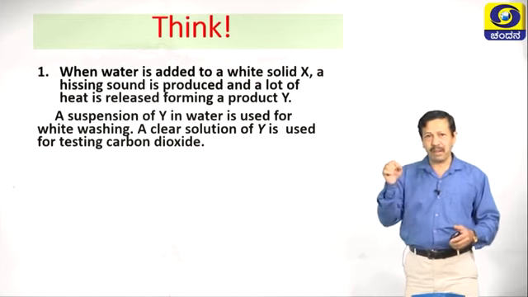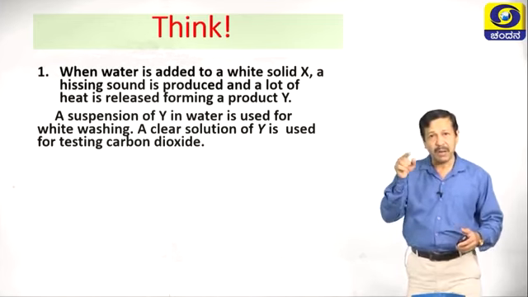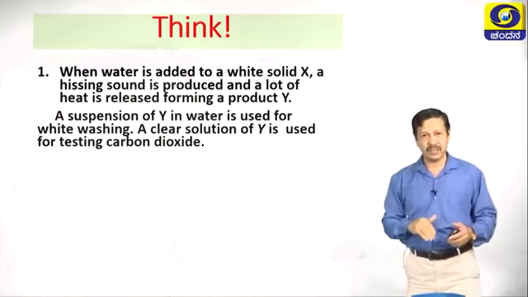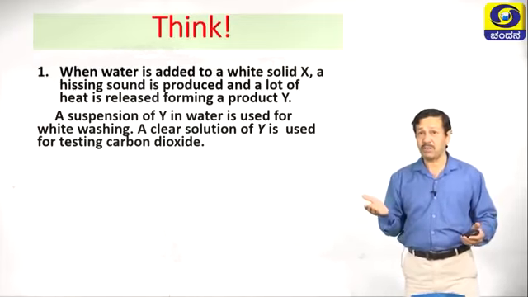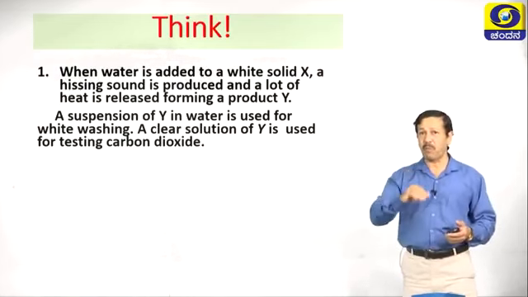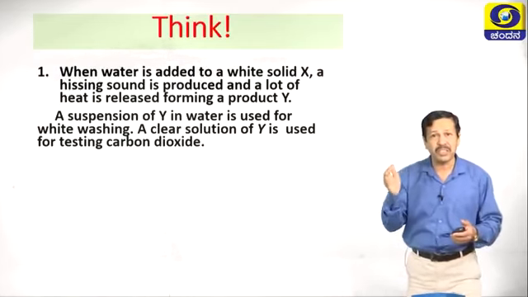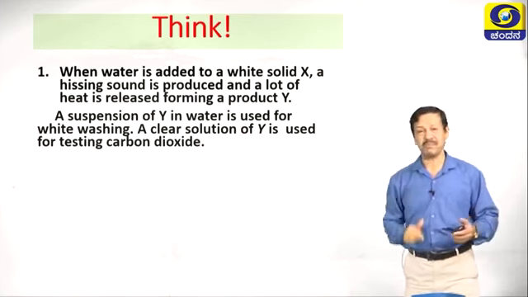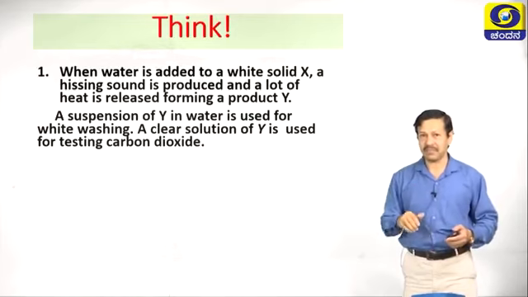A very simple trick you can play here is that water added to a white solid may be calcium oxide or something else. Let us guess. A suspension of Y in water is used for whitewashing, which quickly gives the hint, that is slaked lime, calcium hydroxide.